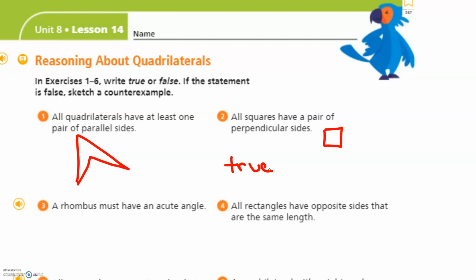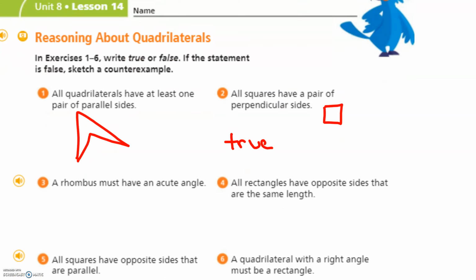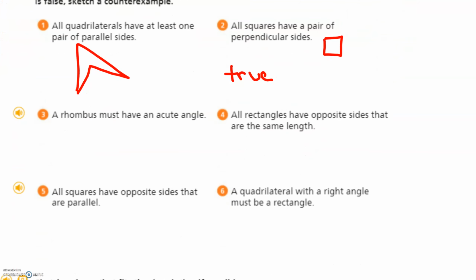Number 3, a rhombus must have an acute angle. Now this is really not a very fair question. We really haven't talked about angles very much, but if you remember from what you learned in 3rd grade or 4th grade, an acute angle is an angle that's less than 90 degrees. So I'm going to draw a rhombus. You draw a rhombus too.